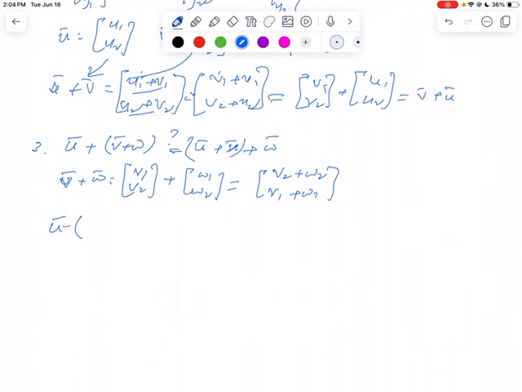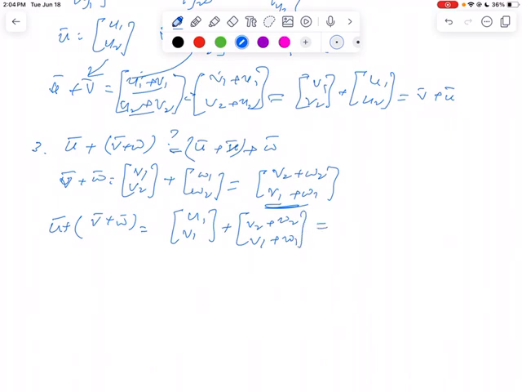So this will be u1, u2 plus the vector v2 plus w2, v1 plus w1.